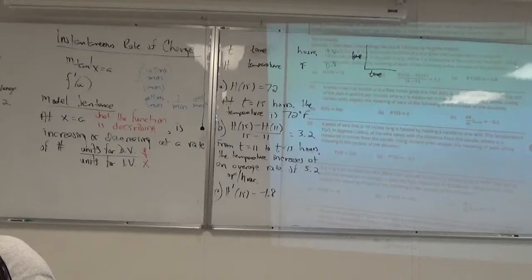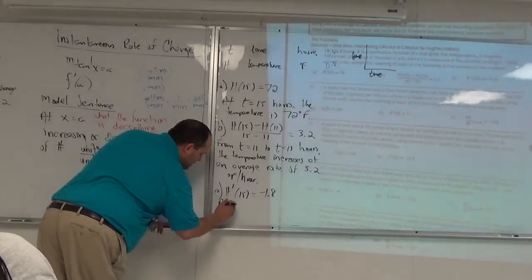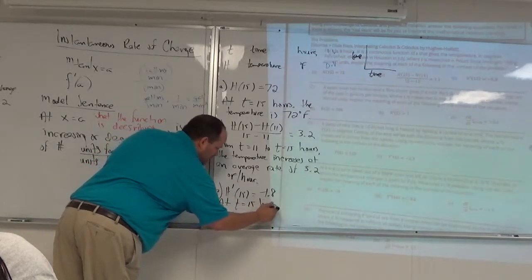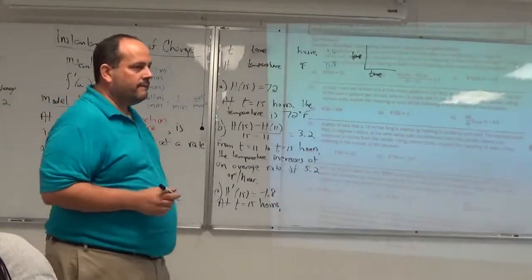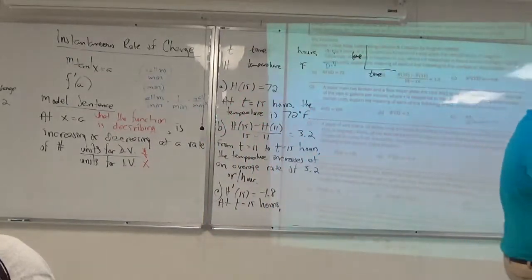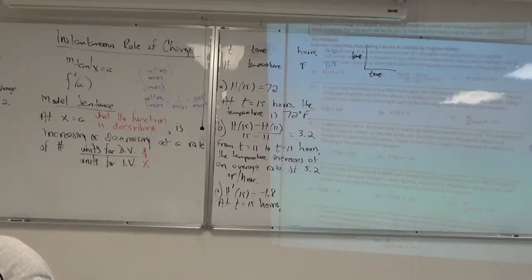If your sentence isn't starting with at t equals 15, you have not been. Decrease. At t equals 15 hours, what's happening? Our function H is describing rate. Right, you're not ready for rate yet.